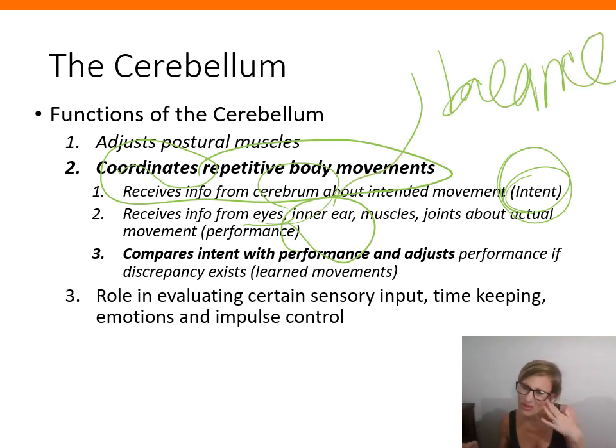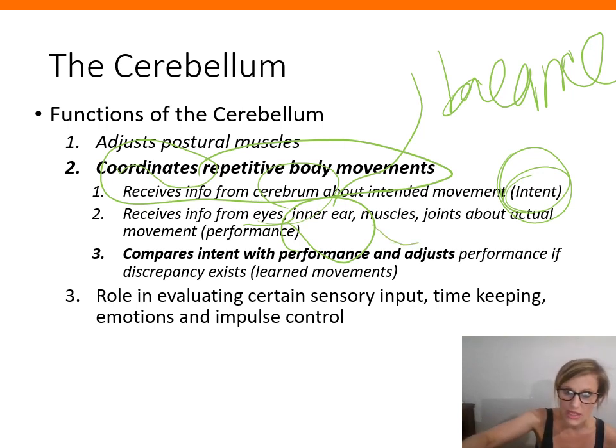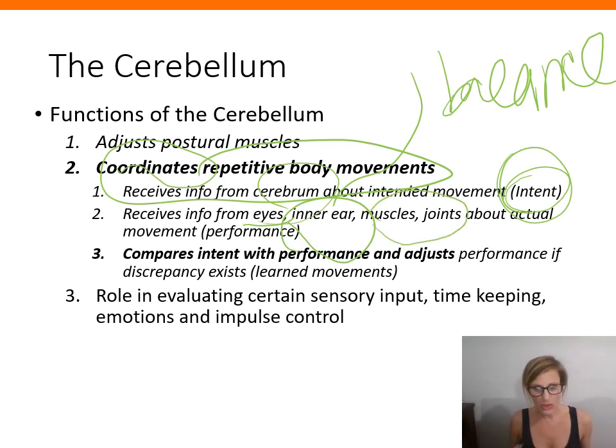So what did that movement feel like? Did I feel nice and balanced, or did I feel super wobbly while I was doing this movement? From the muscles and joints, right? Because your muscles and joints, that's how you know the position of your body. You can close your eyes and move, and I can feel where I am right now. I know that my arms are up like this, whether my eyes are closed or not.